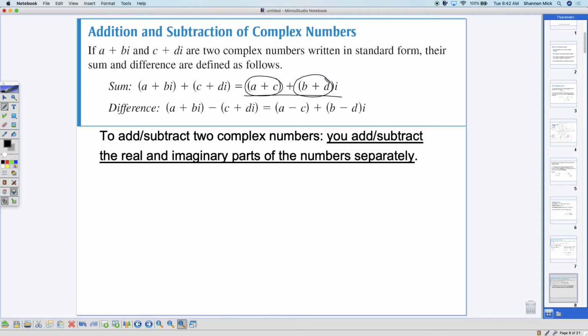Okay, so the difference, right here, they subtracted the real numbers and subtracted the imaginary. So, in my words, I would write addition and subtraction, or add and subtract two complex numbers: you add or subtract the real and the imaginary parts of the number separately.